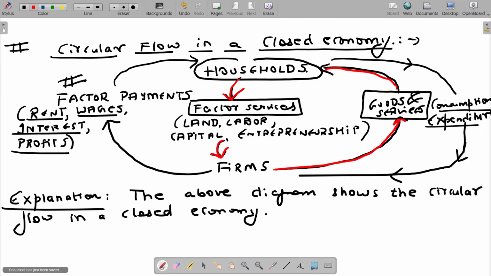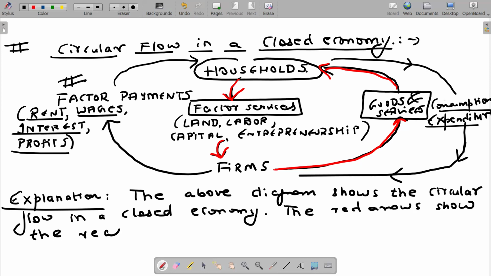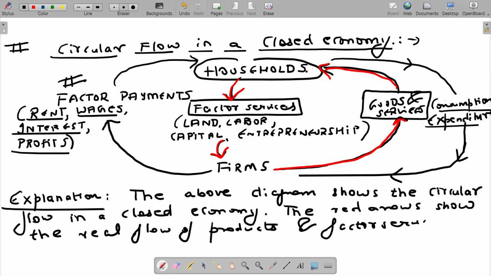The red arrows show the real flow of products and factor services.